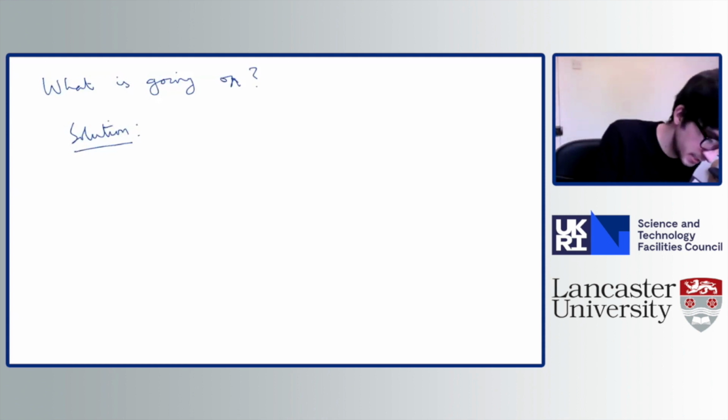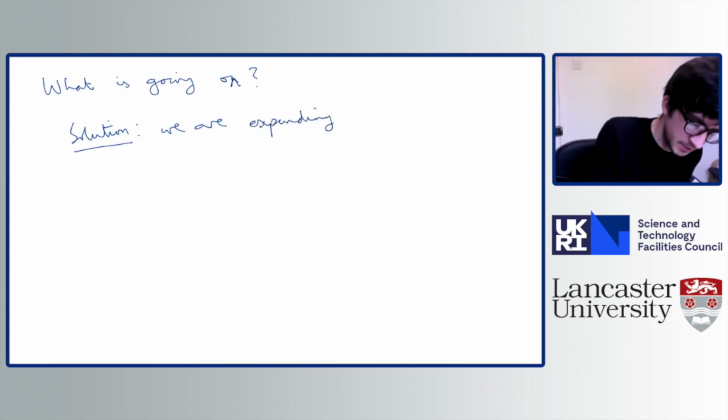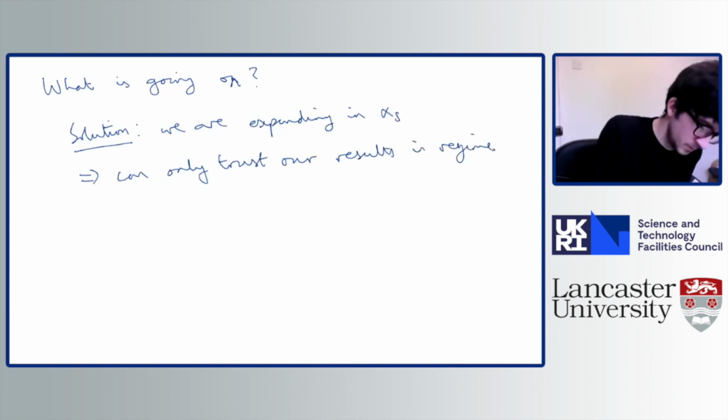The solution here is this. We are expanding in alpha_s, so our prediction is a perturbative expansion, and therefore we can only trust our results in the regime where the expansion is reliable.